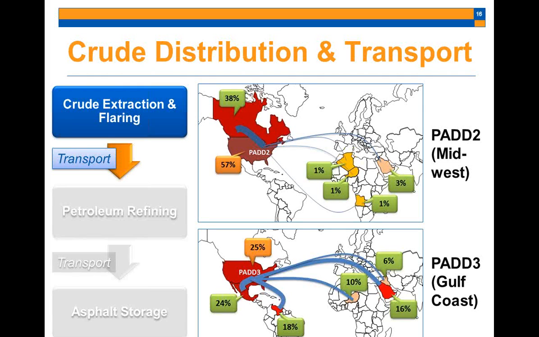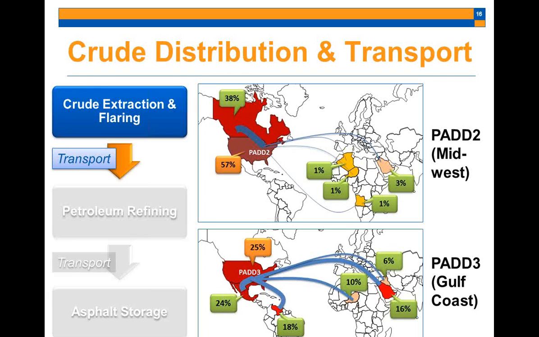In the Gulf Coast, we have a different scenario. About 25% of crude oil in refineries in the Gulf Coast are from the U.S. And then a large percentage of the remainder is from Mexico and South America, and then we also have some coming from the Mid East and Africa, as you can see.